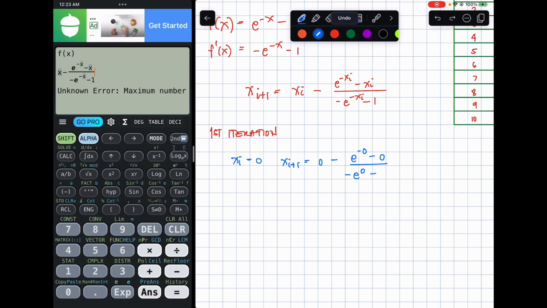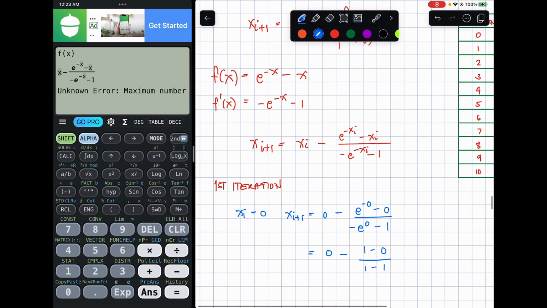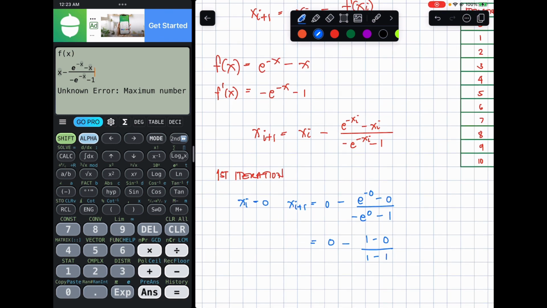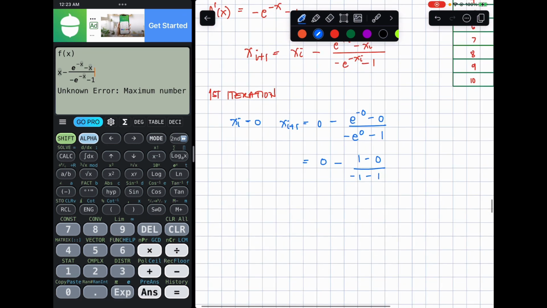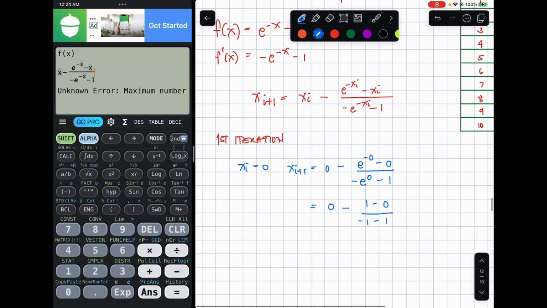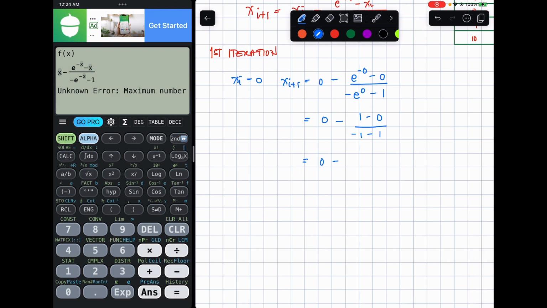From here, e raised to 0 is 1, minus 0, over negative 1 minus 1, which is negative 2.